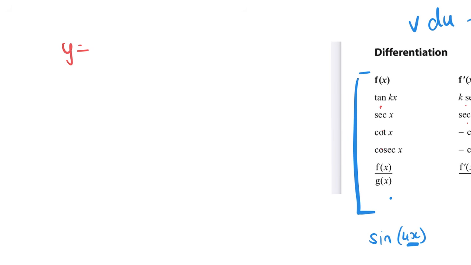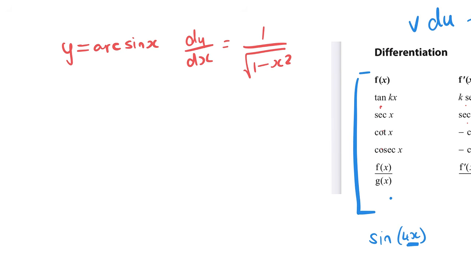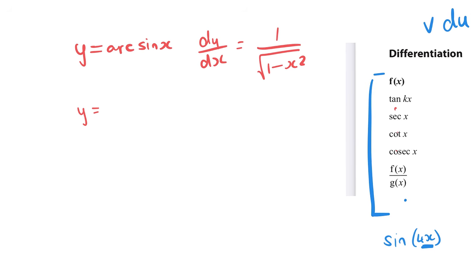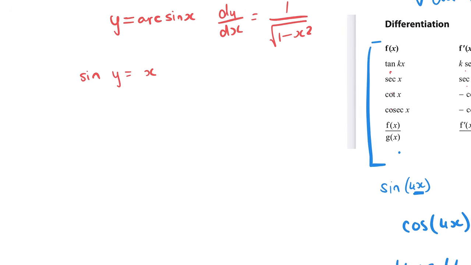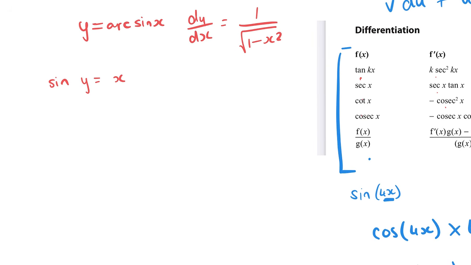Oh, what else? Oh, yeah, so y equals arcsin x means that my differential is 1 over the square root of 1 minus x squared. Now, how does that happen? This goes because y equals arcsin x, how do I get rid of the arc? I would essentially sine both sides, right? So sin y equals x. Now to differentiate, because I need to differentiate it, don't I?